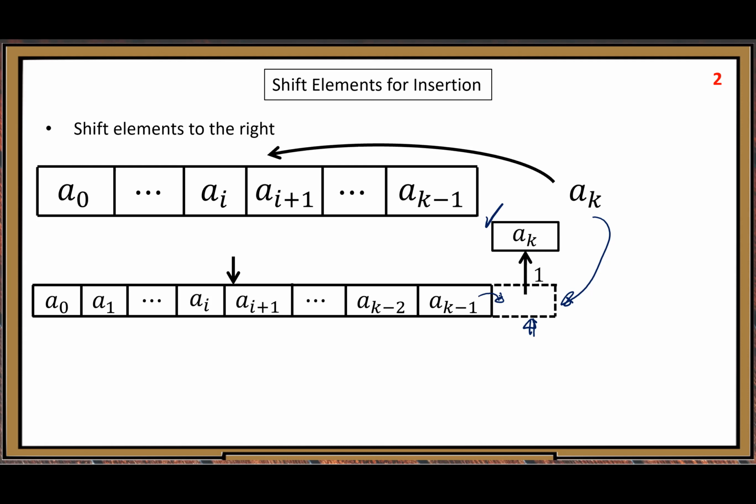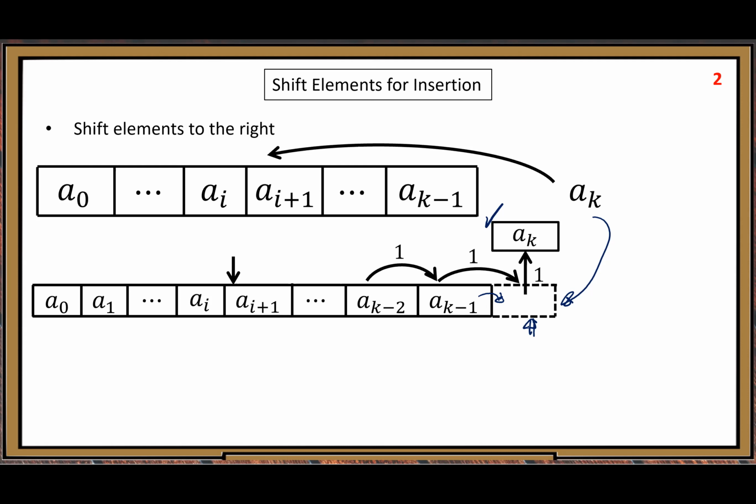So we lift AK and put it in a temporary location. Then the dashed line box is vacant, so we can shift A sub K minus 1 to this vacant location, one position to its right. One shift operation.